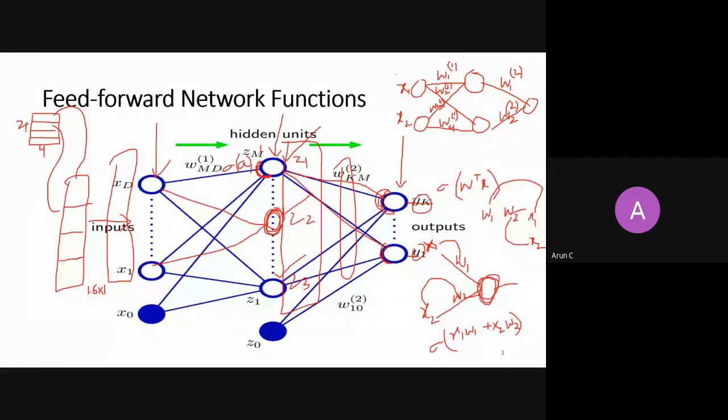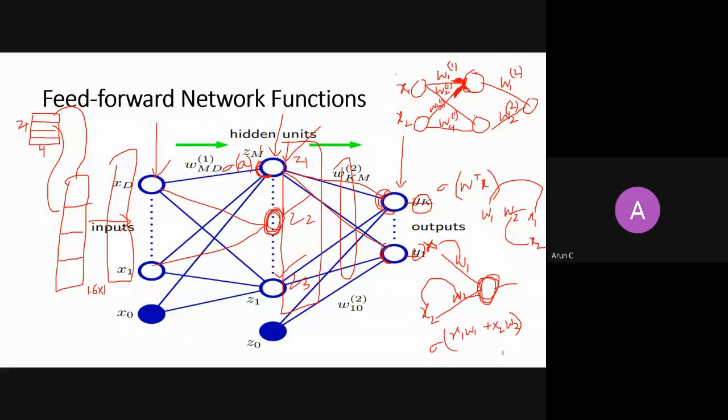So the input here will be nothing but a dot product. In this case, I am getting 2 edges going inside here. So I need to multiply X1 W1 and X2 W3 as per this notation. So this is the W3 weight on this edge. So it is X1 W1 plus X2 W3.